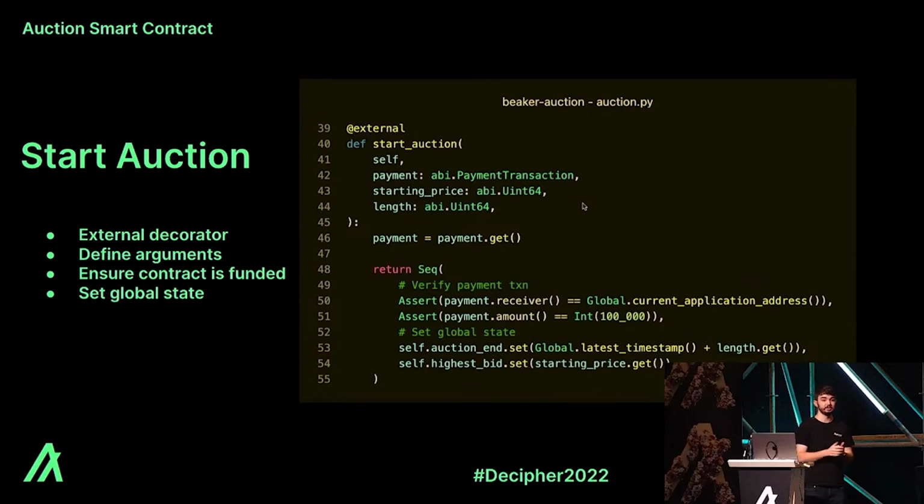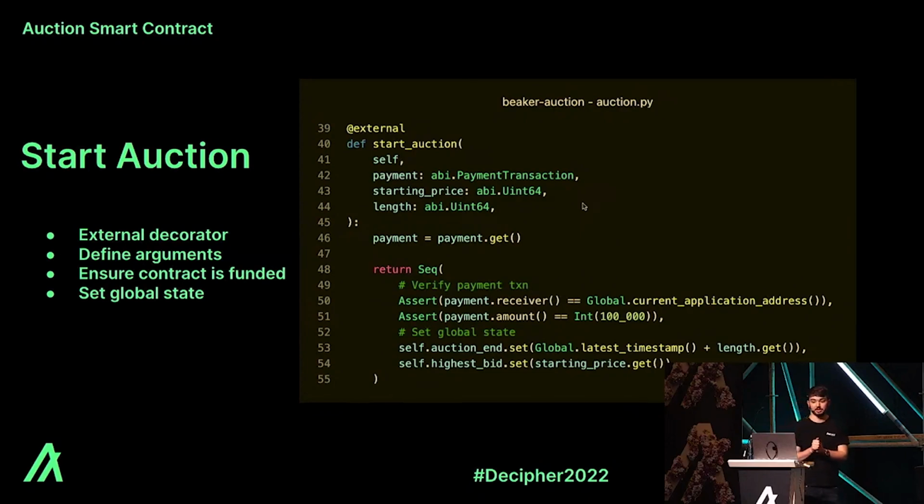On Algorand, a contract or any account needs a minimum balance of 0.1 algo, and if you're below that balance, you're not actually active in the ledger, so we need to fund the contract initially so it's able to send transactions. So the first two assertions we have here: the first one is verifying that the receiver is indeed the current application address. And then we're also asserting that the amount is equal to 100,000 microalgo.